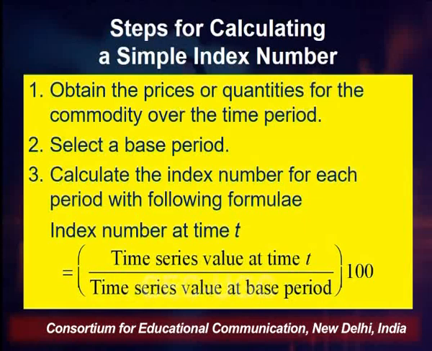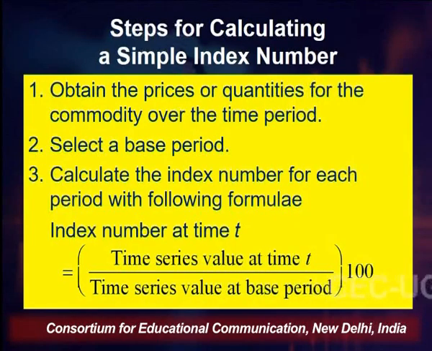Now deciding this base period is equally important. What base period you have taken is going to give you a reflection of the change in data. So time series value at the base period, and you multiply it by 100, and this is the reason why my answer is always coming in terms of percentage, or more than 100. So time series value at time t becomes the numerator, and base year value becomes your denominator.